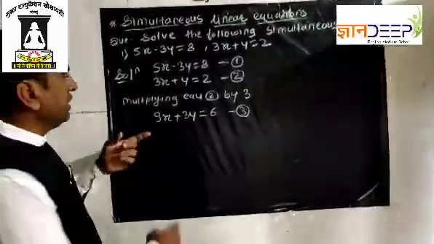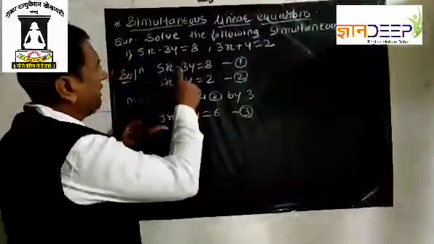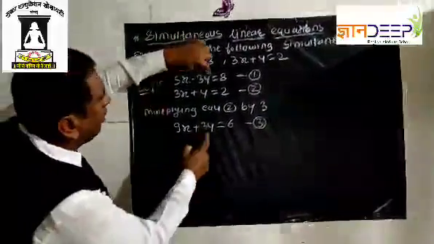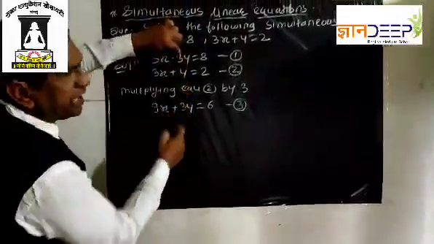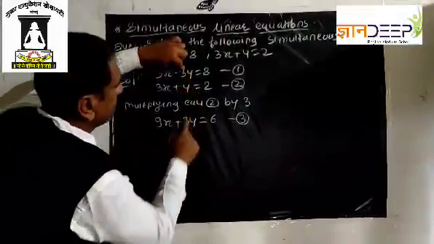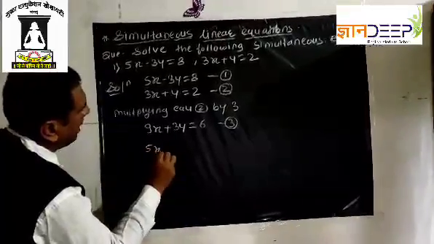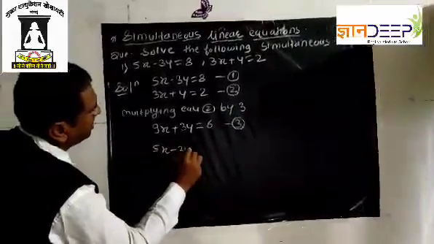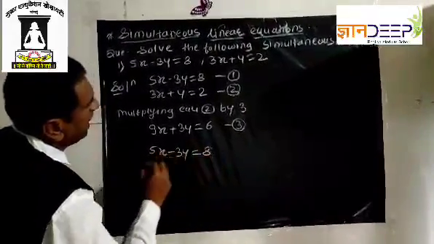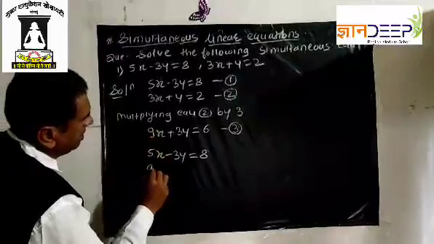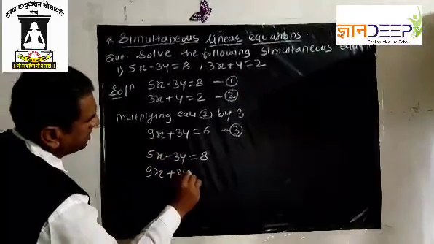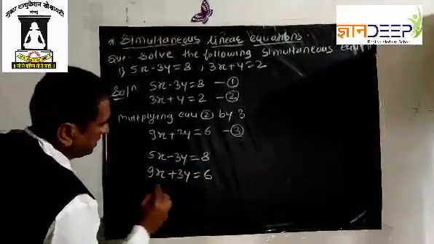Now see equation number 3 and equation number 1. The y variable term is the same, so we can eliminate this term. So write down these two equations. 5x minus 3y is equal to 8 and 9x plus 3y is equal to 6.